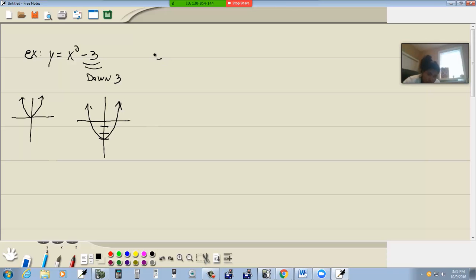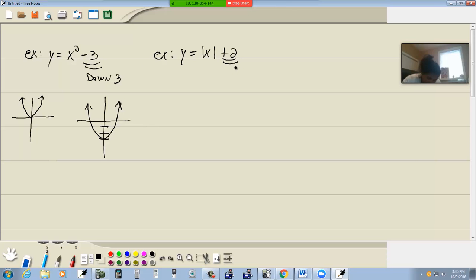Now the beauty of the transformations is you can very quickly sketch the graph without picking up a calculator. And they apply to any of our basic graphs. If you remember the absolute value, that was the V-shaped graph. And if the negative 3, the minus 3, is down 3, then we got a positive here.